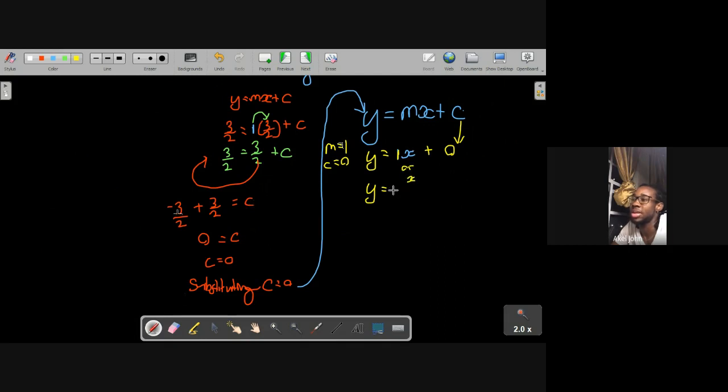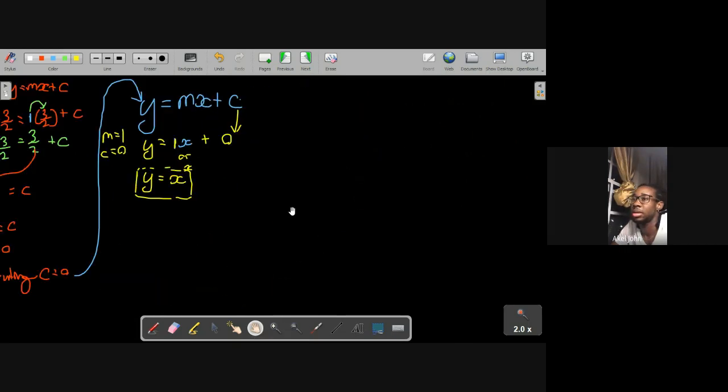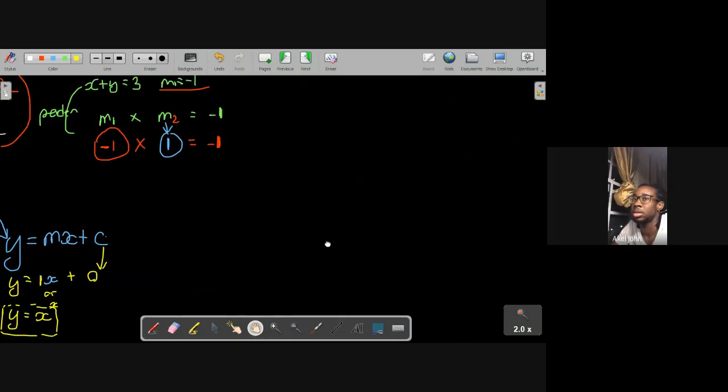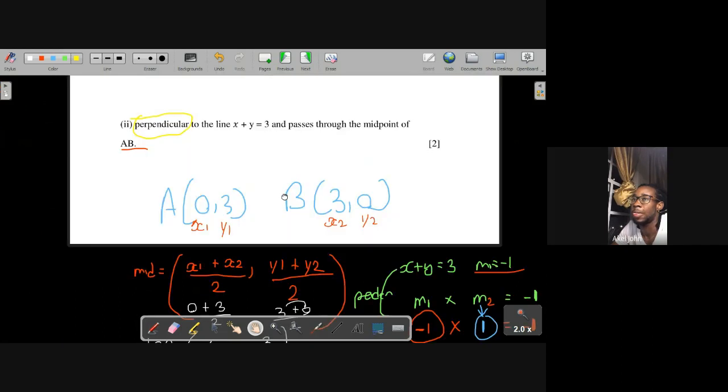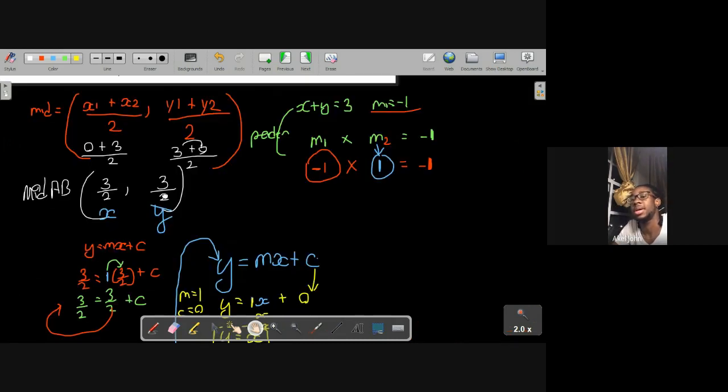So therefore, y is simply equal to x. So this would be the equation of a straight line, if it was perpendicular to the line x plus y is equal to 3, and it passes through the midpoint of A and B. So this is our answer here.